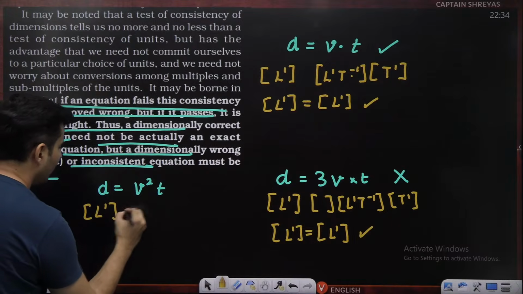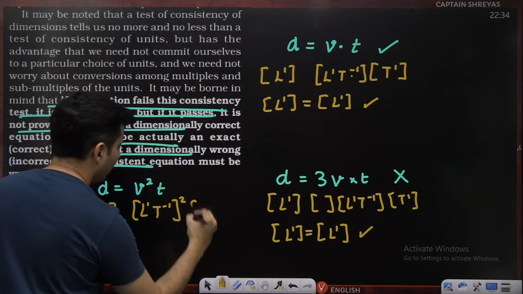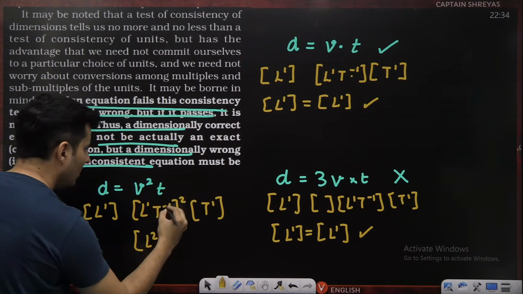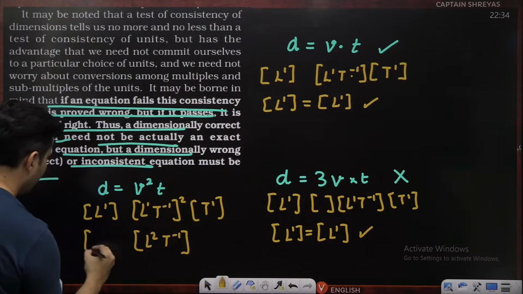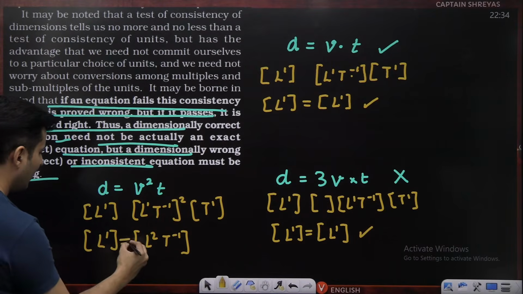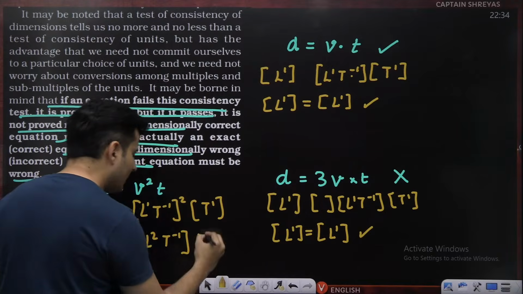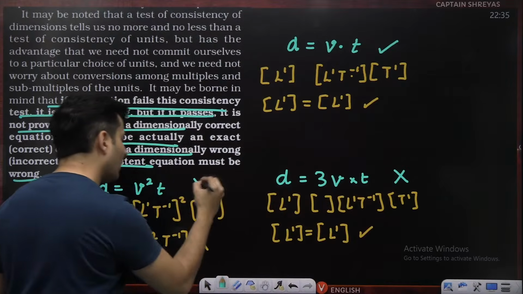This is length raised to 1. This is length raised to 1, T raised to minus 1 whole square, and this is T raised to 1. When you multiply this, it will become L raised to 2, T raised to minus 2 plus 1, which is T raised to minus 1. This is L raised to 1 and this is L raised to 2, T raised to minus 1, which can never ever be equal. So this equation is not just dimensionally wrong, but it is also mathematically wrong.